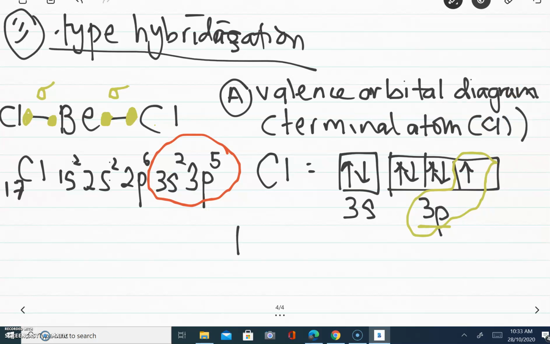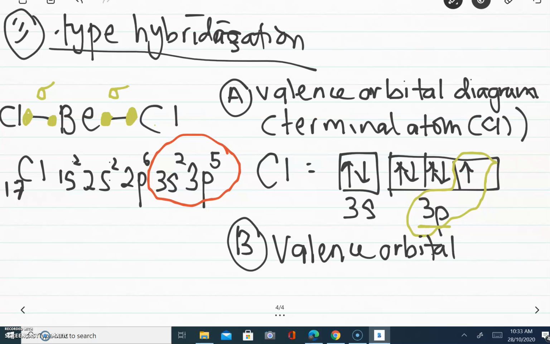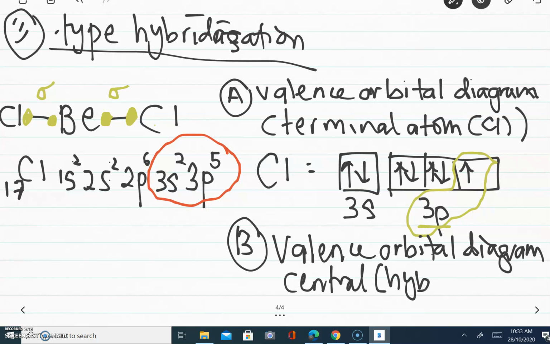For the next step, we must show the valence orbital diagram for the central atom. For your information, this central atom can proceed to the process of hybridization, and the element is beryllium.